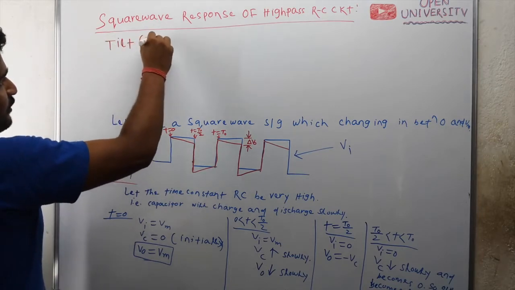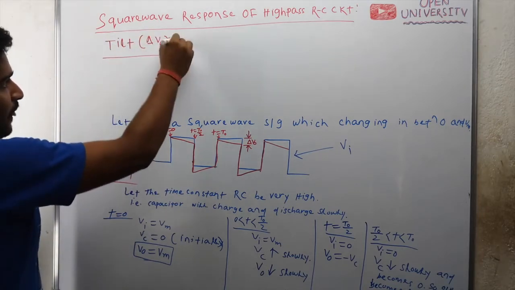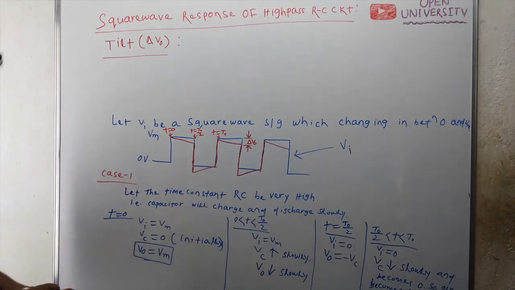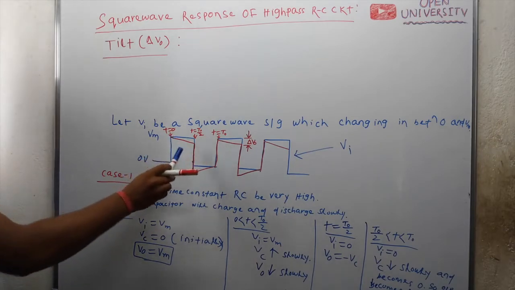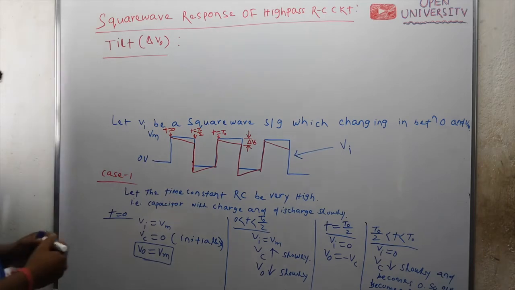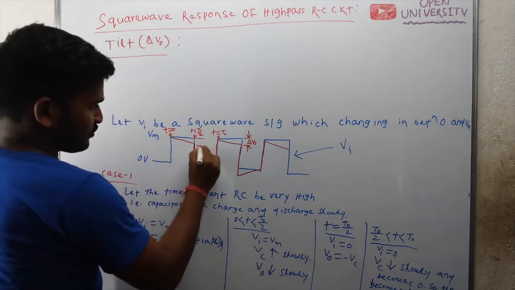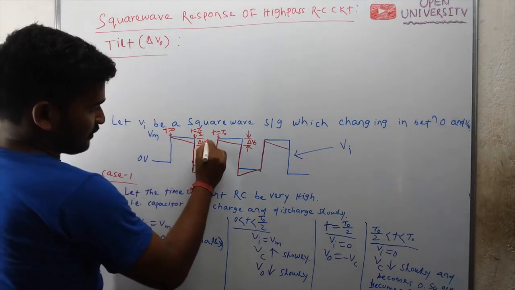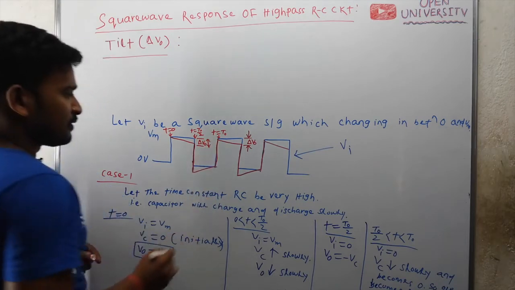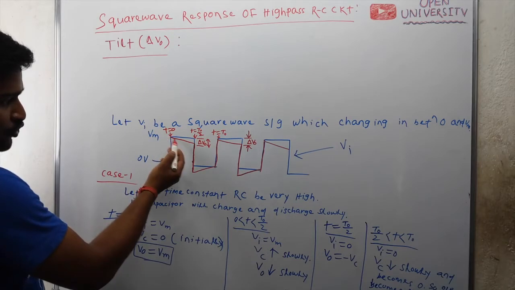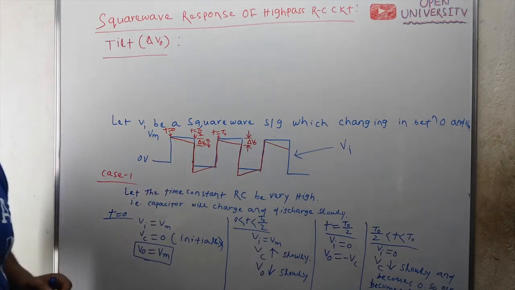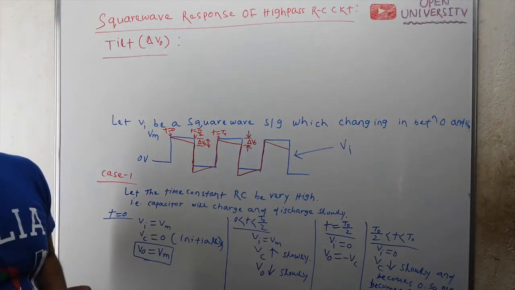Tilt, we denote it with delta V naught. Write down, it is the decrease in output voltage from t equal to 0 to t equal to t naught by 2. This is also delta V naught. It is the decrease in output voltage from t equal to 0 to t equal to t naught by 2.